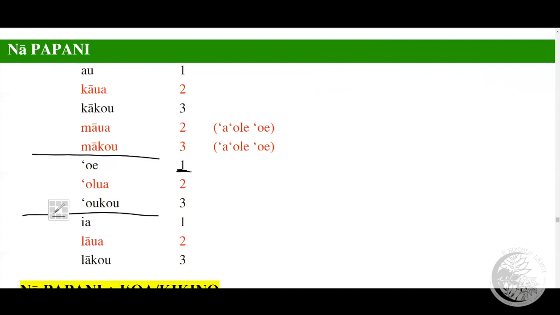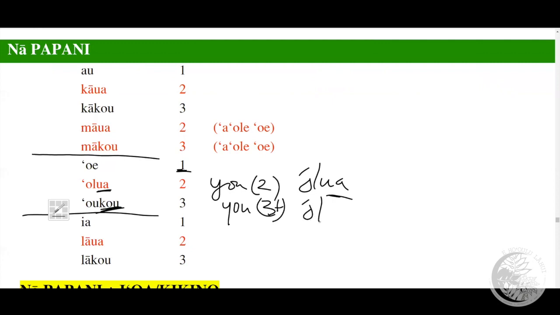But again, look at those sounds that we see again. This ua sound and this kou sound gives you a hint. When I speak to you two, not just you one, but you two, specifically in Hawaiian, we say 'olua. If I'm talking about you, and there are 3 or more of you, again, you notice that same sound.